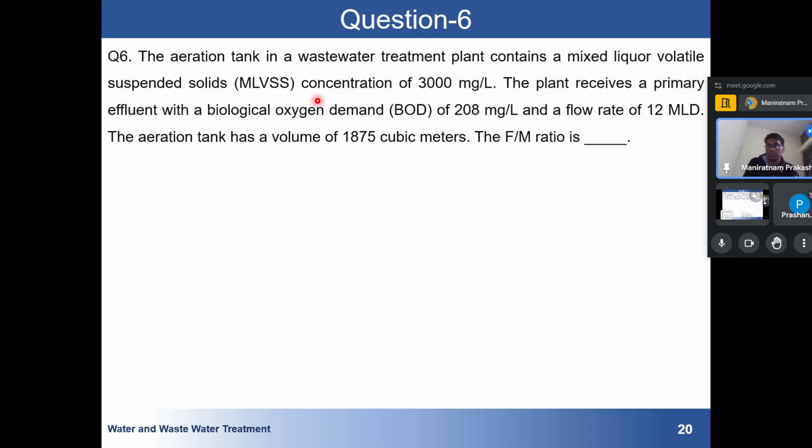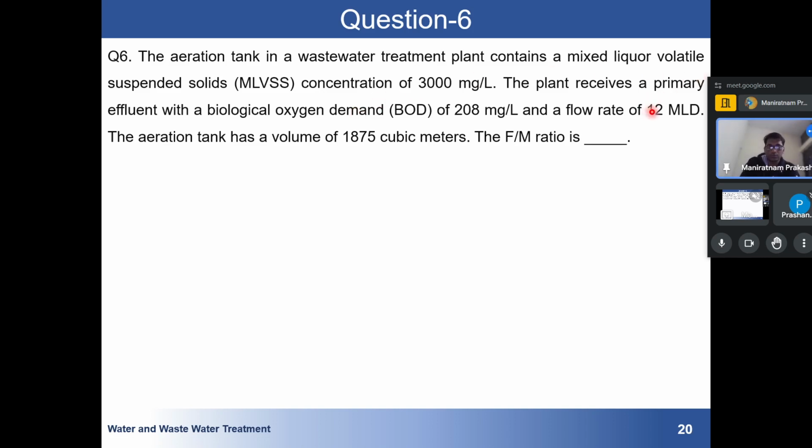This is another thing, BOD. At this stage you must have an idea of what BOD is. But if you are not aware of what BOD is, I request you to go to the previous lecture and see what BOD is, how it is relevant to this biological treatment, and what its significance is.